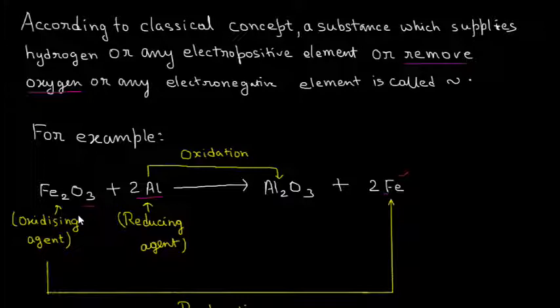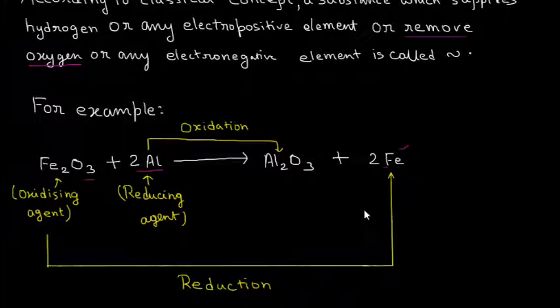Go to the basic definition. According to the classical concept, a substance which supplies hydrogen or any electropositive element or removes oxygen or any electronegative elements is called a reducing agent or reductant.